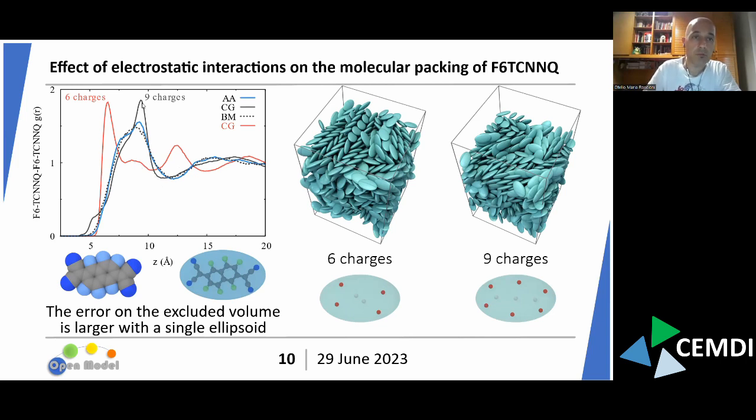And we have the proof that the 9 charges are indeed sufficient to reproduce the molecular structure, because if we then back map the coarse grain sample into the atomistic one, and then run a simulation with all the atoms, from a sample that derives from this one, we basically obtain this dotted line that closely matches the reference.